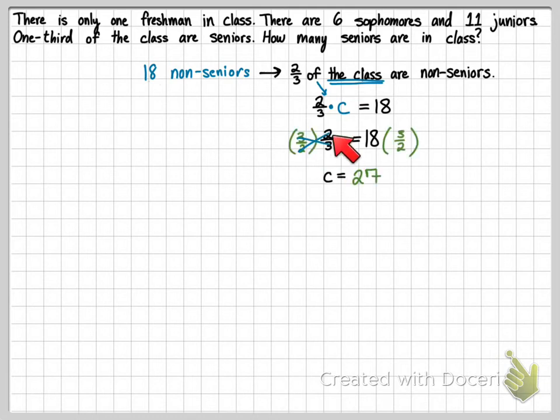So C equals 18 times 3/2, which is 27. We can put that 18 over 1 and multiply across, cross cancel and multiply across. So there are 27 people in the class. The class has 27 students. And we know that there are 18 non-seniors. So 27 total students minus 18 students that are not seniors gives us the number of seniors, which is 9.